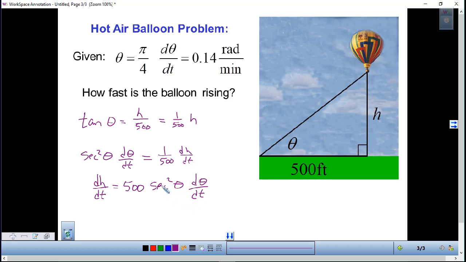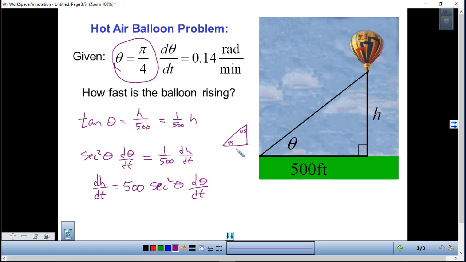Now, you're probably freaking out here, saying, okay, how do I deal with that secant squared? Well, the thing is, we're given the angle right there. At pi over 4, what do we know about this side and this side? Well, if we draw a triangle, that's a 45-degree angle, 45 here, 45 here.